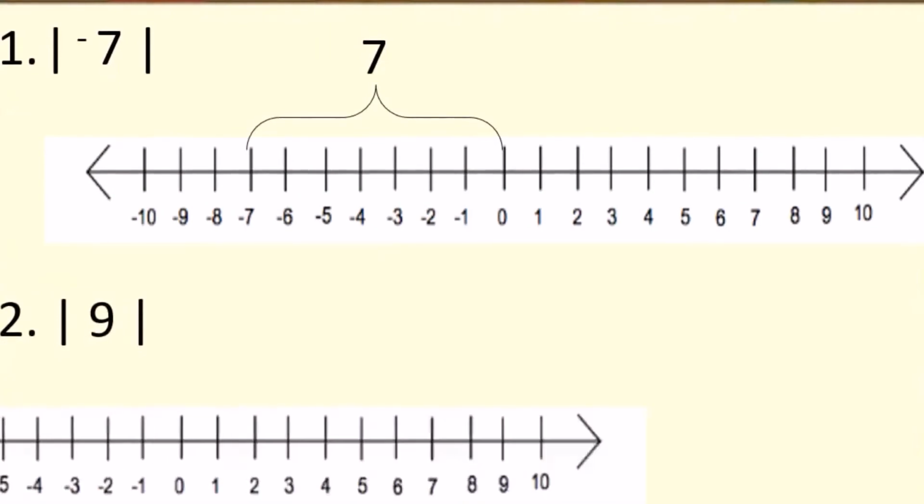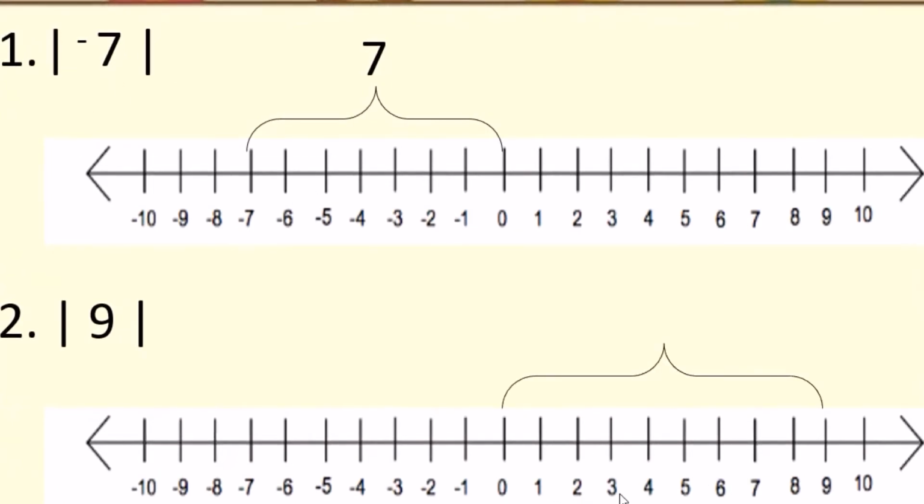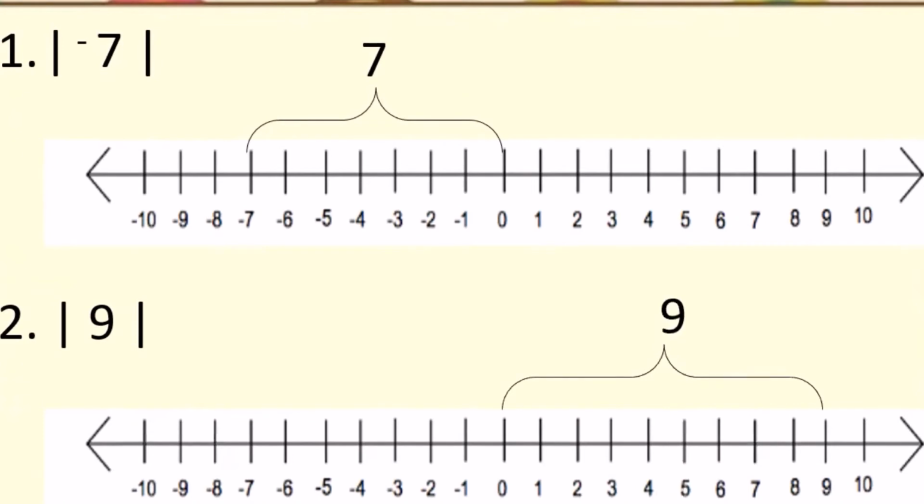Absolute value of 9. So from 0 going to positive 9. So 1, 2, 3, 4, 5, 6, 7, 8, 9. So 9 units. So this is another example of an absolute value.